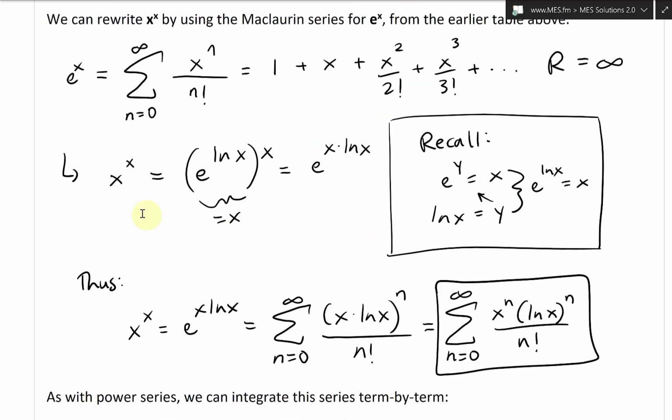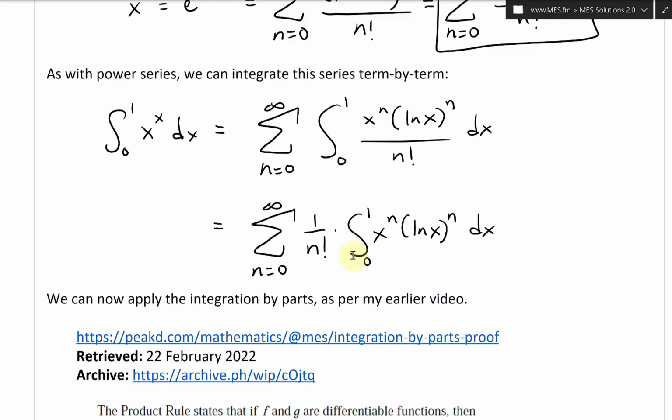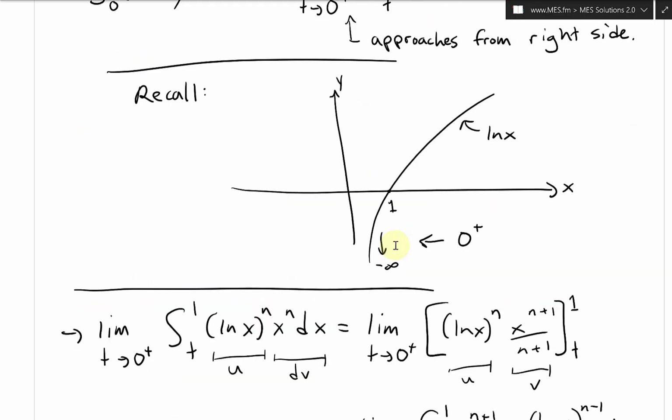And then we showed that x to the power of x is equal to e to the x ln x, which equals this, and the integral over here. So this is the integral we got up to here so far. So the summation from n equals 0 to infinity of 1 divided by n factorial times this integral, which we just finally solved.